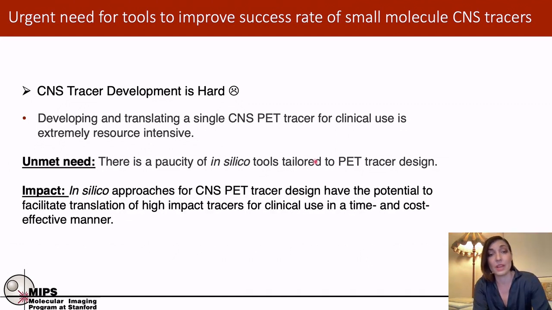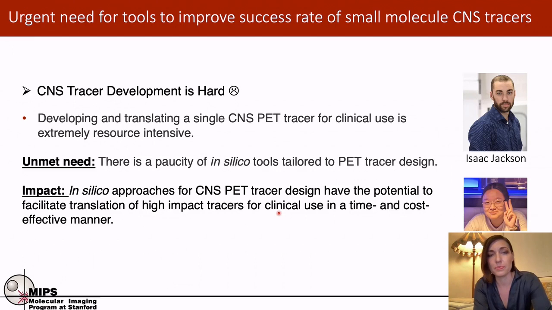And so if we had such tools, they could have a massive impact, I think. I would love to have such a tool, and that's what's been motivating us. And I know a lot of our collaborators would too. It really could have a big impact on facilitating the translation of tracers that can be used for the CNS in more of a time and cost-effective manner.